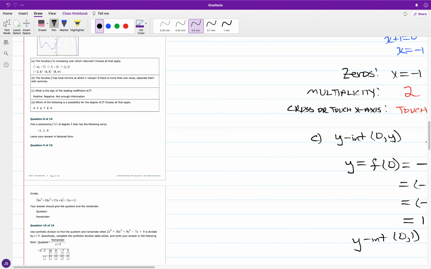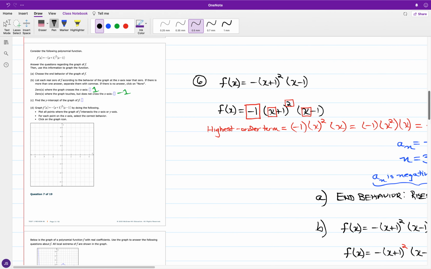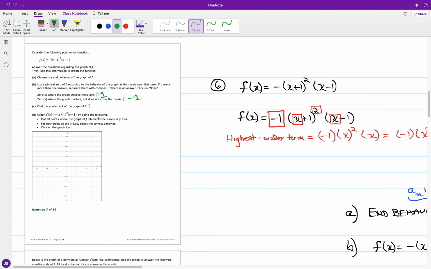And in terms of what we have here for the y-intercept of the graph of the function, this is just going to be the y-coordinate, so you just fill in with a positive 1.